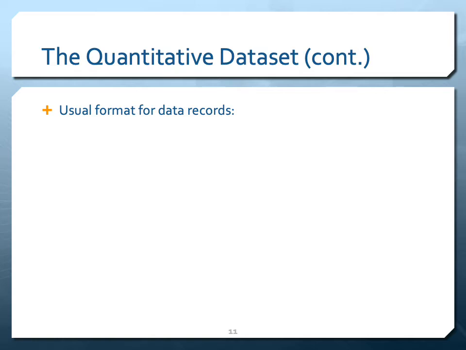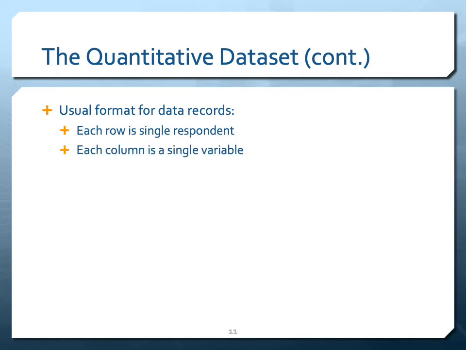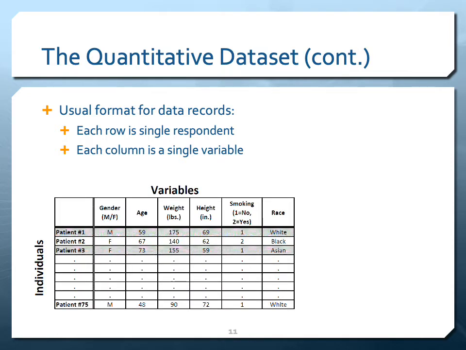When you're looking at a data set, the usual way of seeing it is each row is considered a single respondent, and each column is each one of your variables. So you can see by this table here, patient 1, 2, and 3, those are your rows.